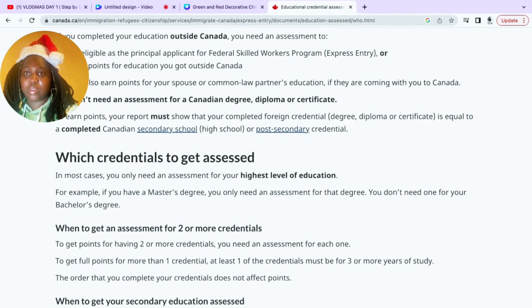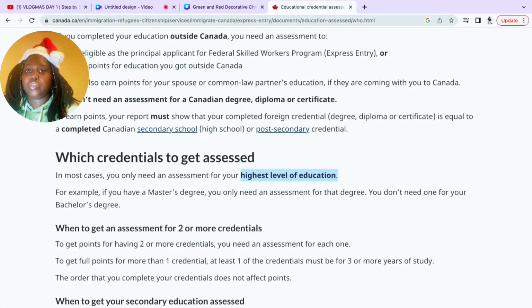Like I mentioned before, if you did your education out of Canada, then you need one. If you did it here in Canada, then you don't need one. But you also need to be assessed for your highest level of education. Here I've noticed that they don't really emphasize degrees. A degree will help you get more points, but if you have a high school diploma, get assessed for that.